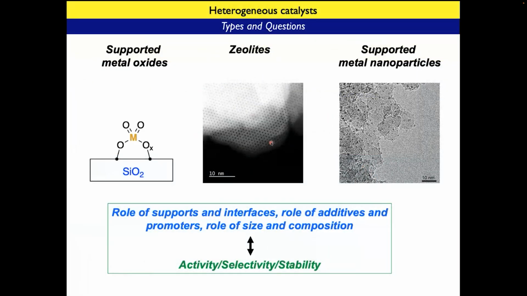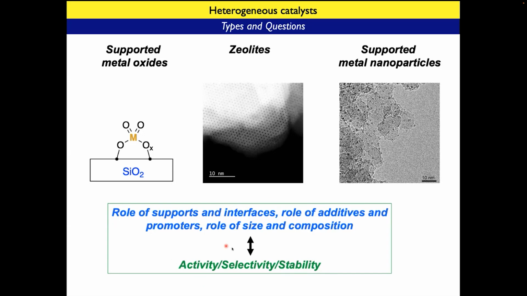As we know, in catalysis we have several classes of catalysts: supported metal oxide, like this one, zeolite, and supported nanoparticle. Often, what we are trying to do is improve a performance indicator, being activity, selectivity, or stability.